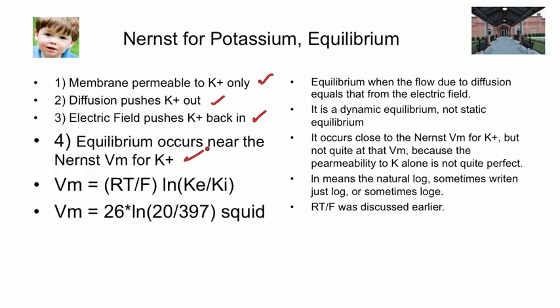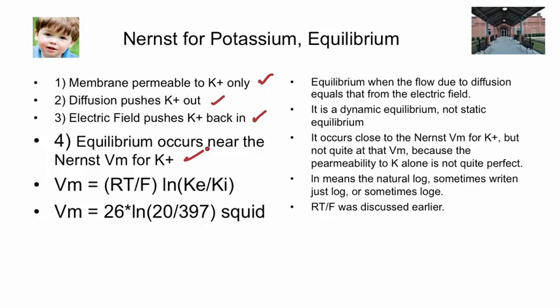What is the voltage at which that equilibrium will occur for potassium? If we had more weeks in our course, I would derive this result mathematically. Since our time is limited, I will just show you the result.